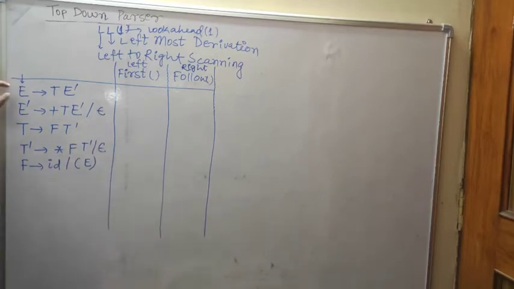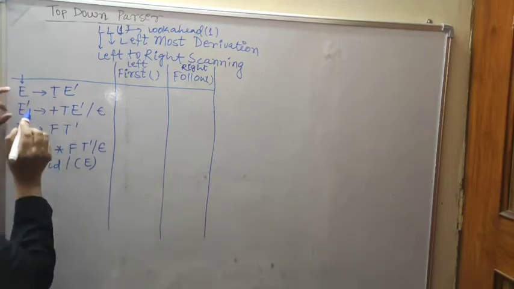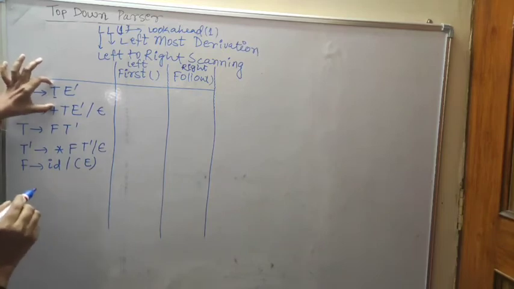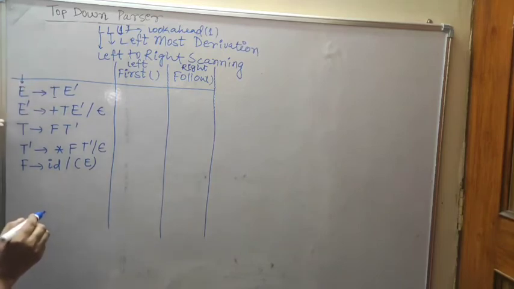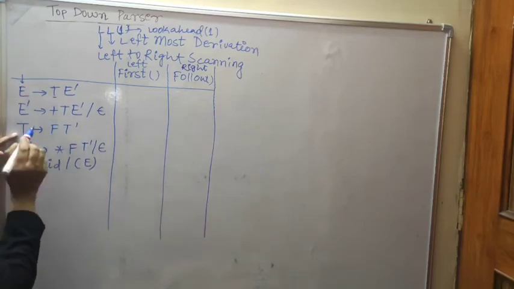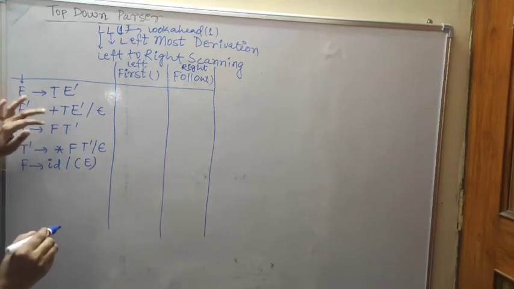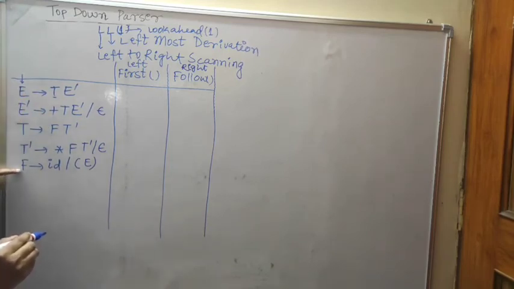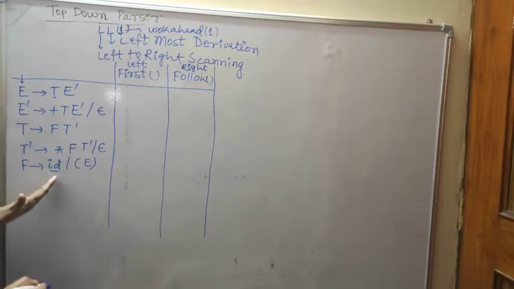Now we will check for E. First of E, that means E followed by T, and T is a non-terminal variable. That is why we go to the production rule of T. T gives F. F is non-terminal, so again we go to the F production. In F, what is given? ID. ID is a terminal variable.